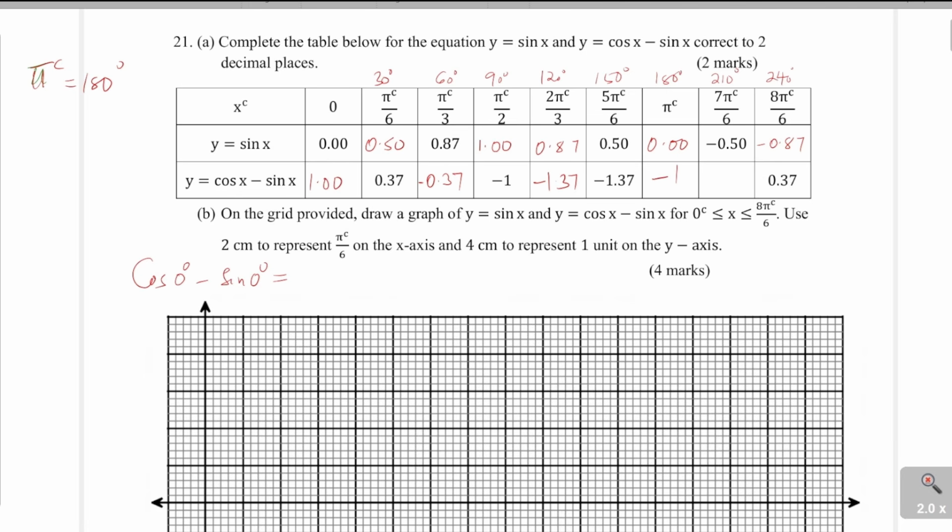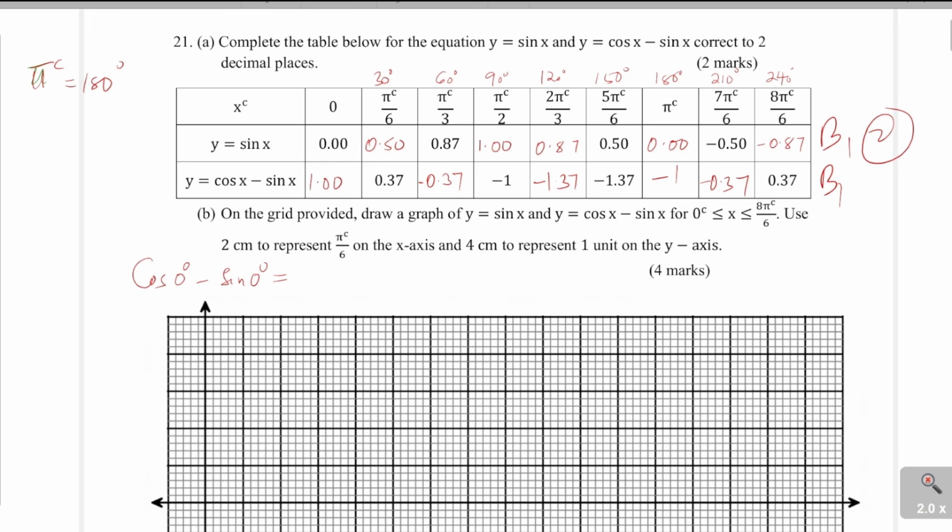Then the other one is 210. Cos 210, subtract sine 210. That will give negative 0.37. And you've done that. So you filled the table, correct all the values to 2 decimal places, and you get 2 marks for that.